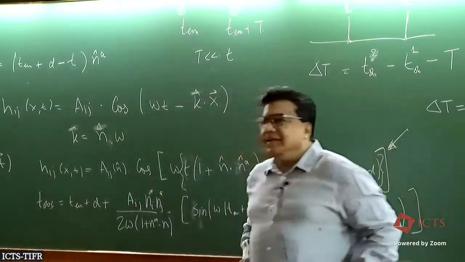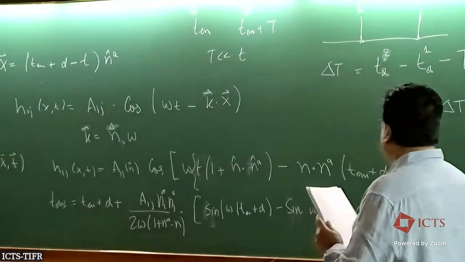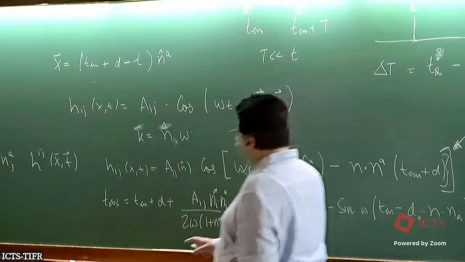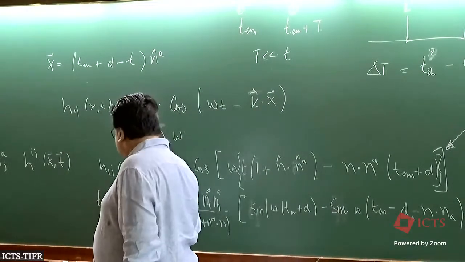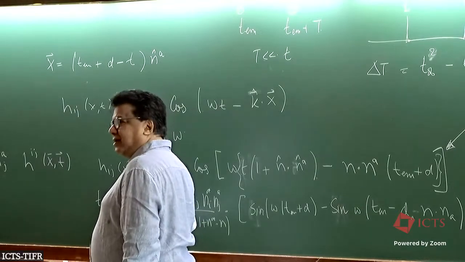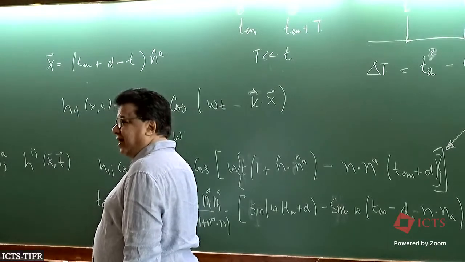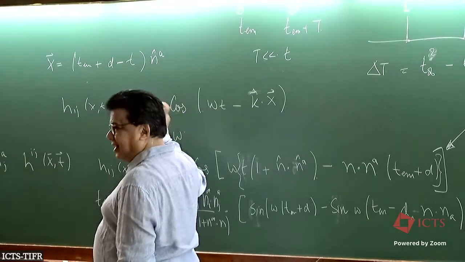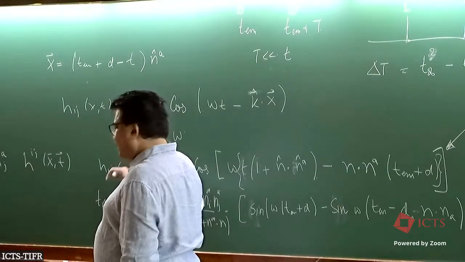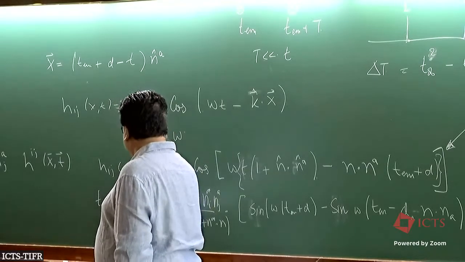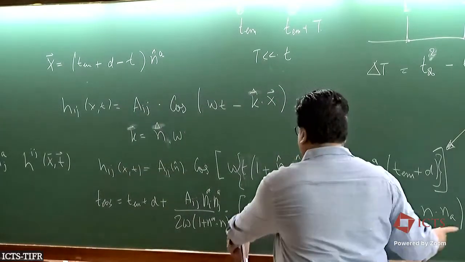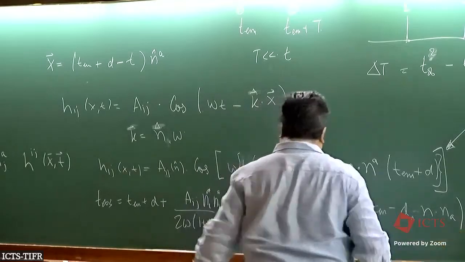Okay. So basically this is my observation time. And now I do the next step: take this observation time for a given emission time, that's the first peak. And then I take emission time at T emission plus an extra period T, and then subtract the two. Then subtract from that the capital T. So this part goes away. The other part is just the derivative of this whole thing.